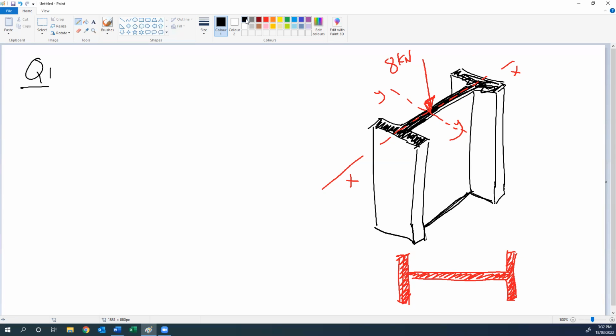And the load will be applied here somewhere at the center line, at the centroid, 8 kilonewton. Given to us, the dimension is this 75 and 75 millimeter, all the dimensions in millimeter.